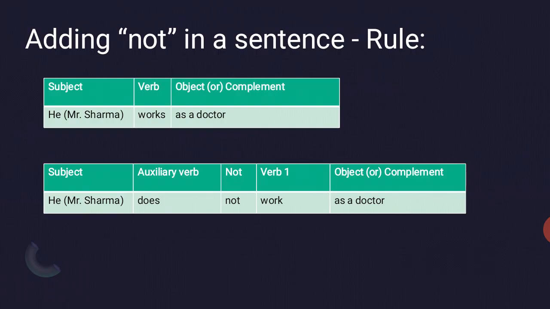If you split any verb, you have to split it with do, does, did. You have to put the present form of the verb after do. Okay, so see that example. Mr. Sharma does not work as a doctor. So works is split into does plus work. So this is the basic rule.